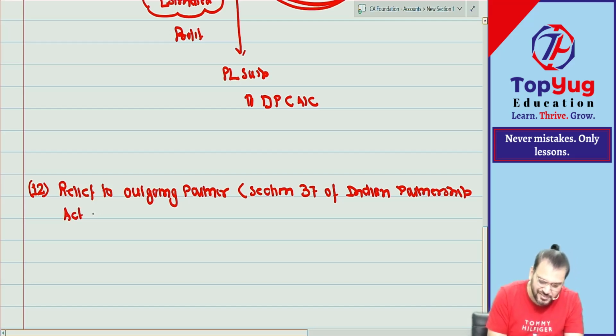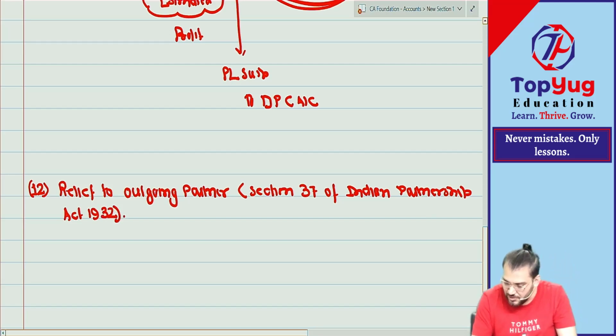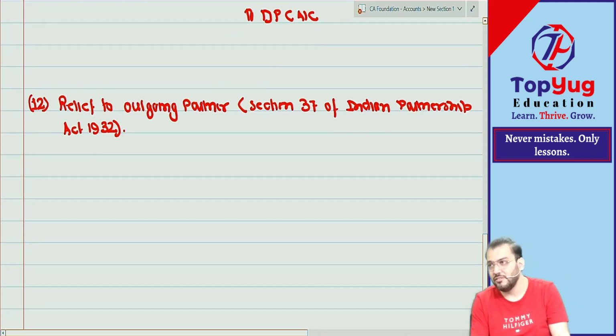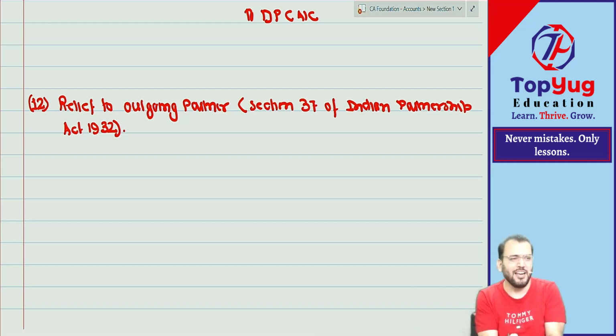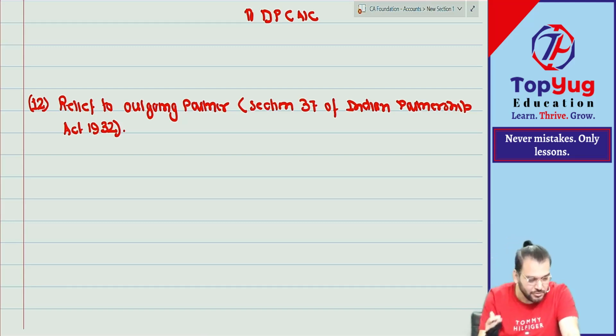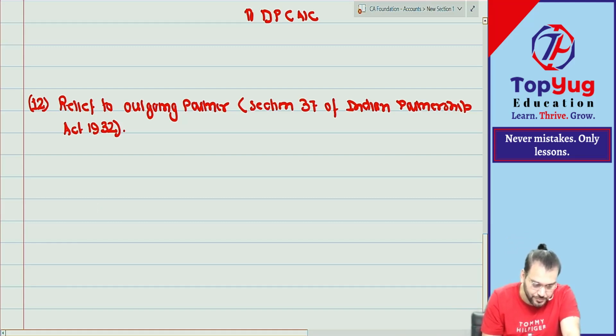Partnership Act 1932. It is an obsolete act, to be revised. Correct?